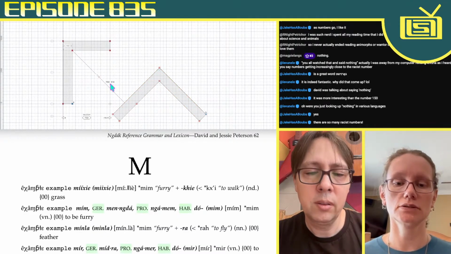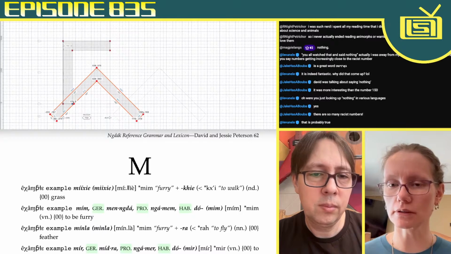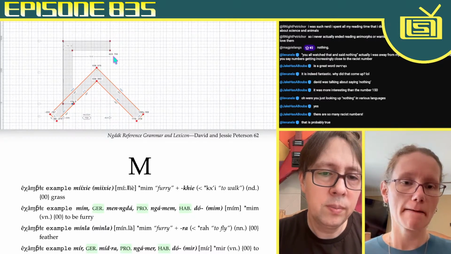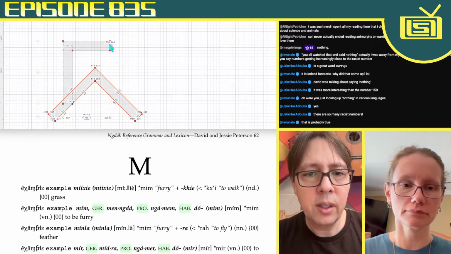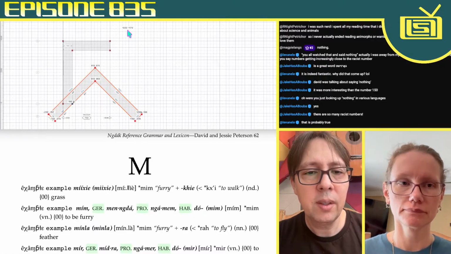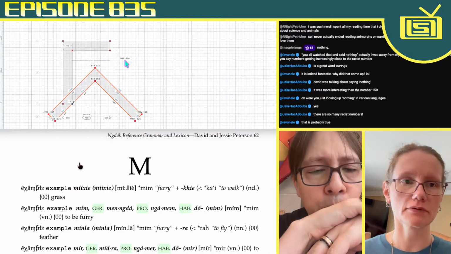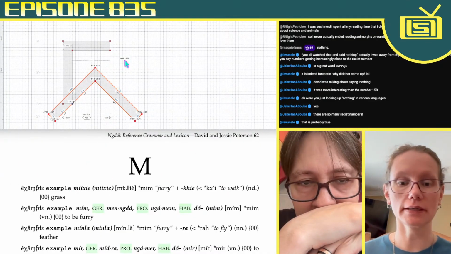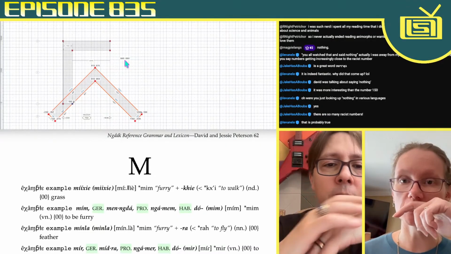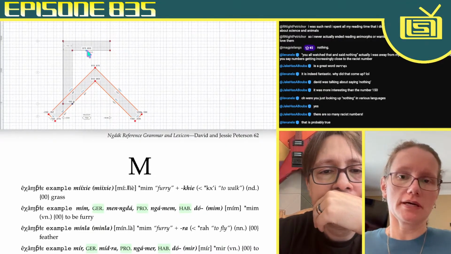Oh, I just found another error. Oh no. Sometimes conlanging is like that. It still is. I forgot the J needs to go to a Y. But now it's gone to a Y. Okay.